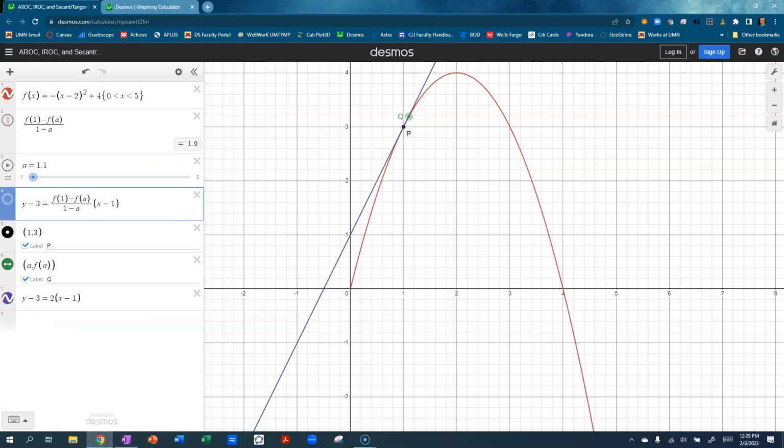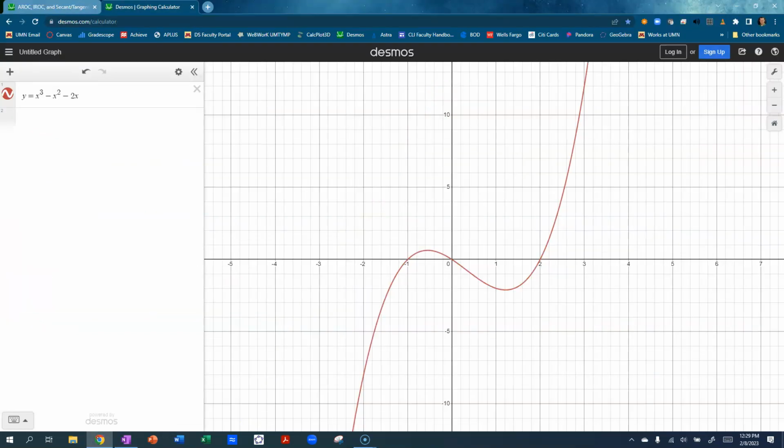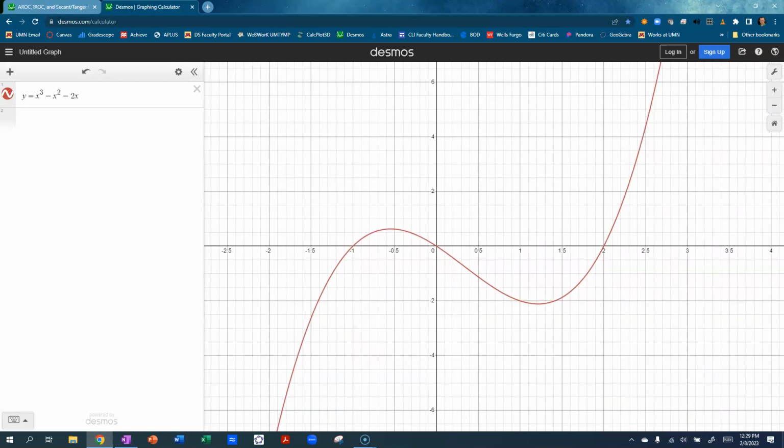So when we look at the graph of the function, here we are, okay? Can we estimate where the instantaneous rate of change, the slope of the tangent line, is positive, negative, and 0? I think we sure can. So with the tangent line, I need to just pick a point, right? So I'm going to pick a point and then imagine constructing a tangent line, a line that intersects the function once locally.